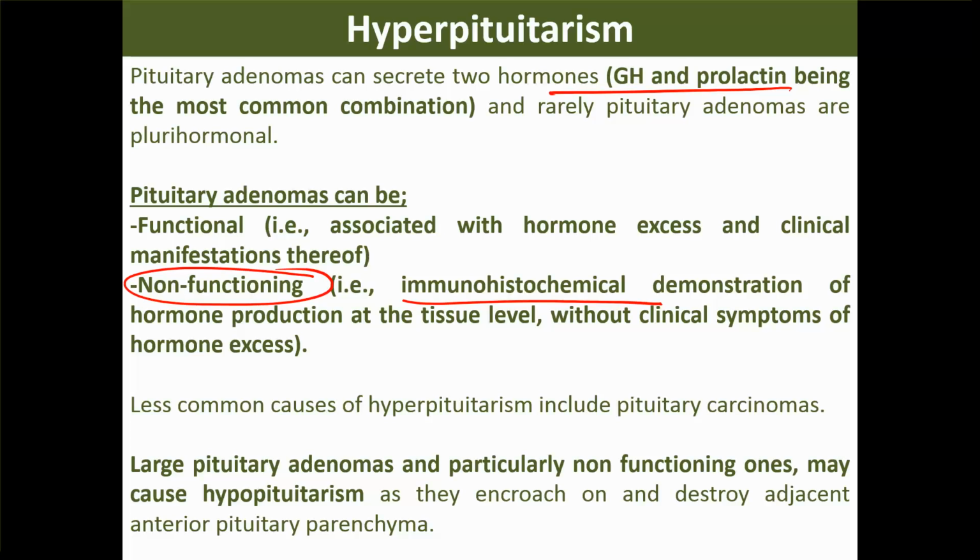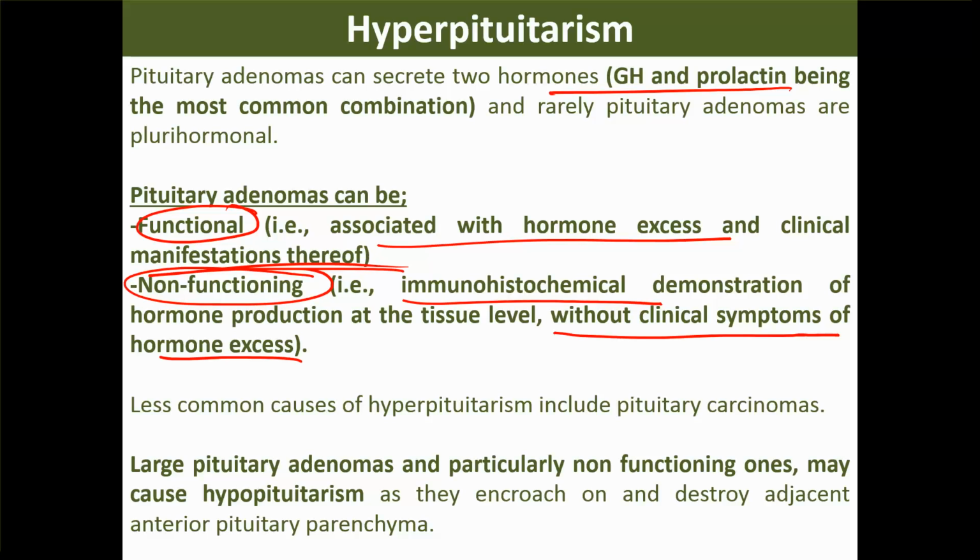We put only the commonest thing like prolactin and we check whether they are there or not. If they are not there, then we consider them non-functioning. And remember, they will not produce any clinical symptoms of hormone excess, which means they will not produce any symptoms related to hyperpituitarism. If it is functional, there will be excess hormone and the clinical manifestation will be characteristic.